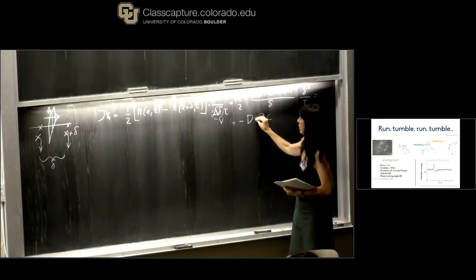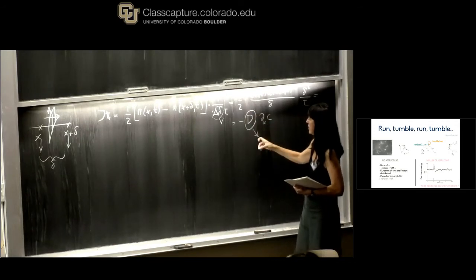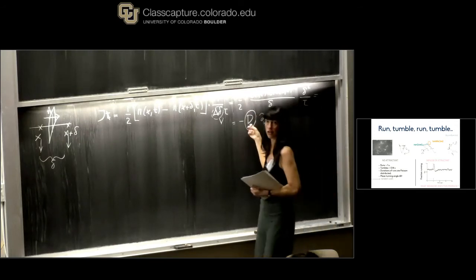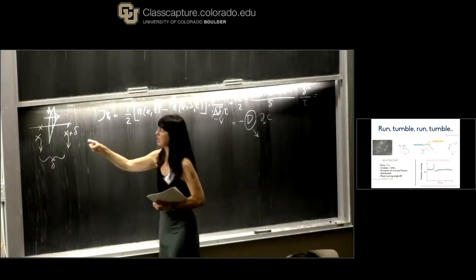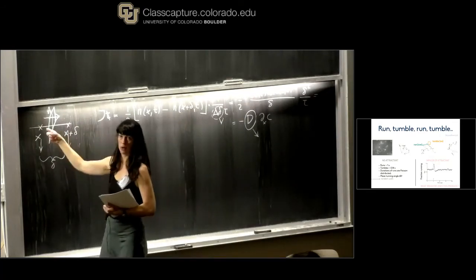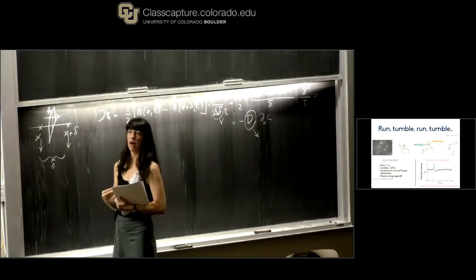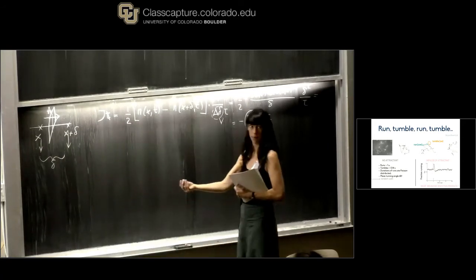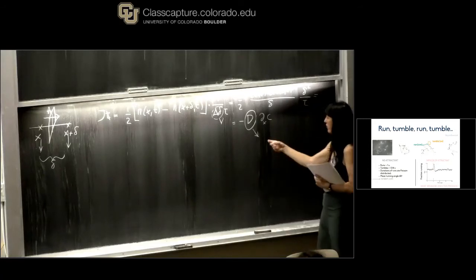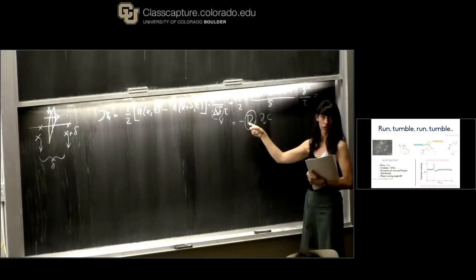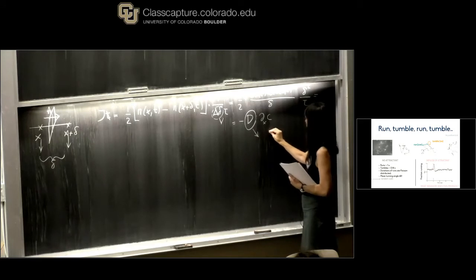Sorry, it was a little bit of a mess, but this gives you a microscopic interpretation of what D is. D is the square of the distance between the steps, so the step length square divided by the time step. Okay, microscopic interpretation of the diffusion constant in 2D.